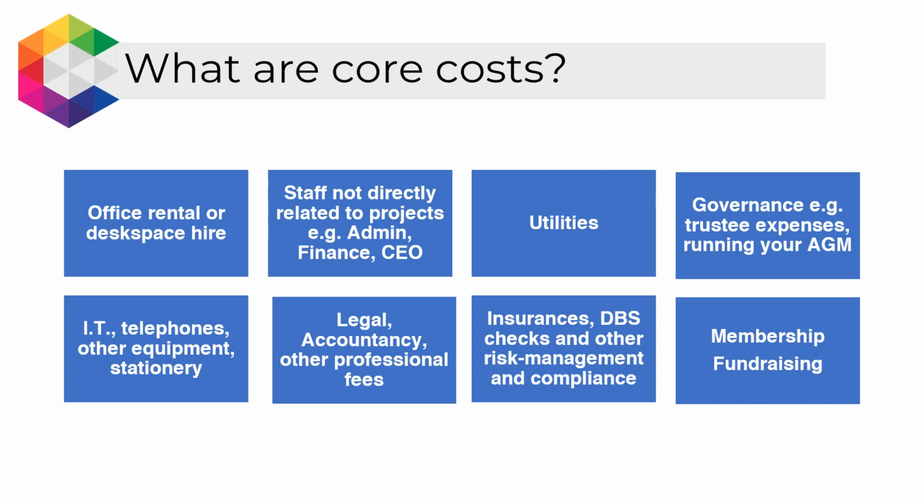If you haven't got staff, it could be any number of other things. It could be training your trustees or covering their expenses or running your AGM. It could be fundraising or the membership, if you have a membership. There are loads and loads of different things covered in core costs, and we're going to look at how we can be a bit clever about fundraising for some of those today.